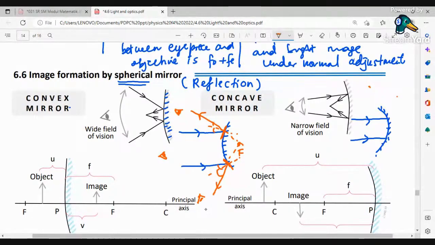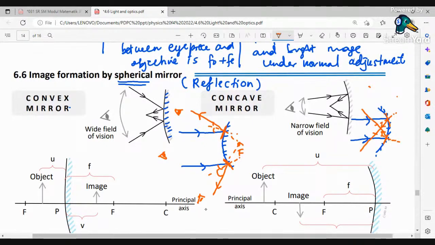Actually, when you draw, no need to draw normal line. I draw here just to show why it become like this. So actually, we apply the same concept of reflection. So ini adalah tangent, this is the normal line. Okay, so same thing, this one will be reflected macam ni. And this one will be reflected like this.